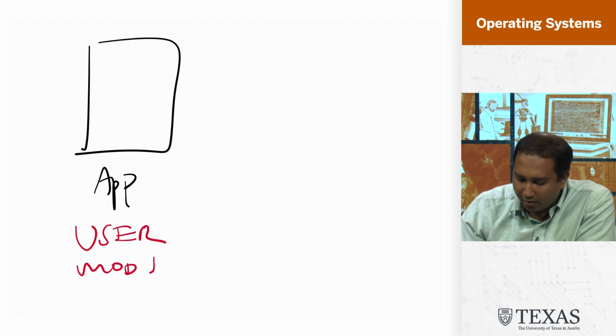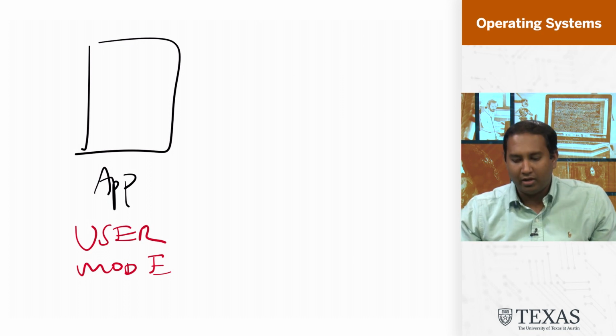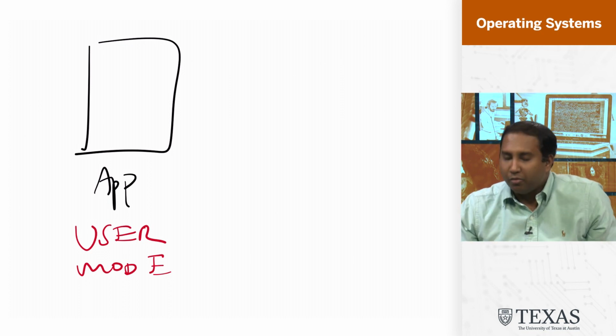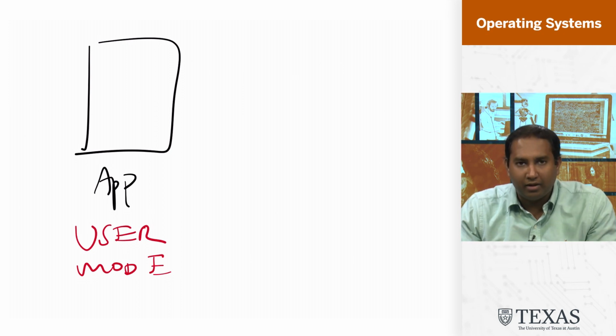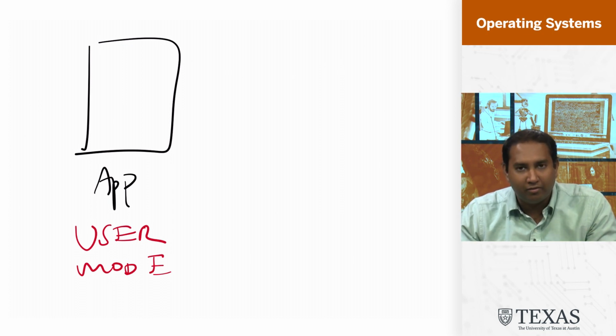Right? So in user mode, your application can do anything that doesn't touch privileged state. Let's say it wants to add numbers. That's totally fine, and it can continue to do that without ever talking to the operating system.